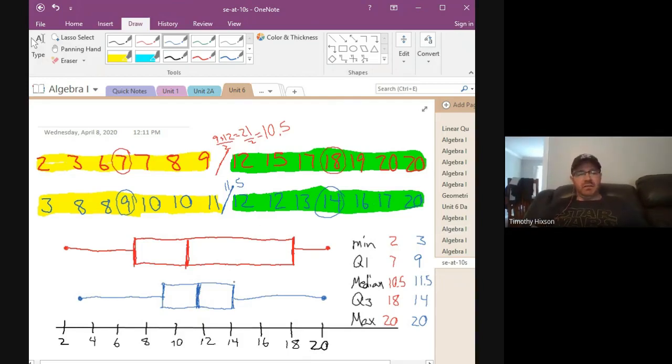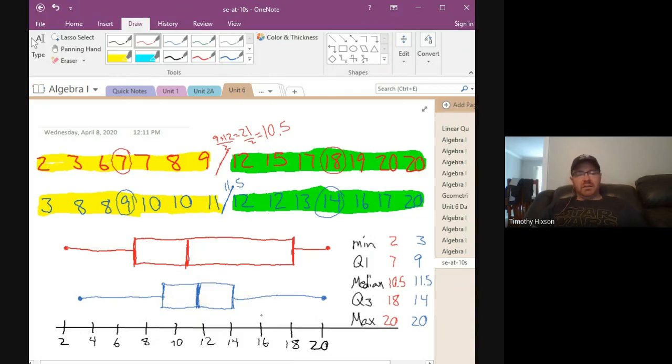So this is another way that we can compare these. We can see, hey, these were spread out a little more. These were a little more consistent, but we still had similar extremes. Now, one thing I would look at with this blue set of data is outliers, okay? Here, when you have such a spread out middle 50%, your whiskers were not very long, so you're not going to have any outliers.